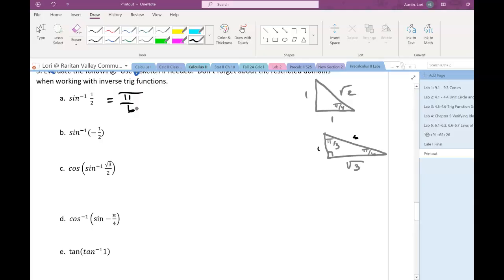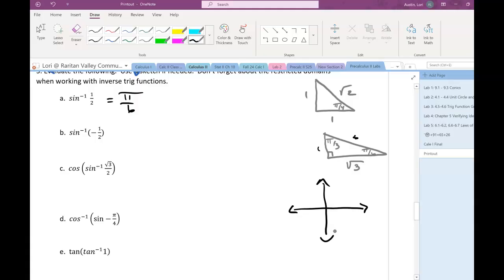But what if it were negative? Because the first one was positive, we were just working in the first quadrant. That's the other thing you've got to think of. We have a restricted domain for our inverse functions. What we actually do is restrict the domain of the original trig function to get the inverse function.